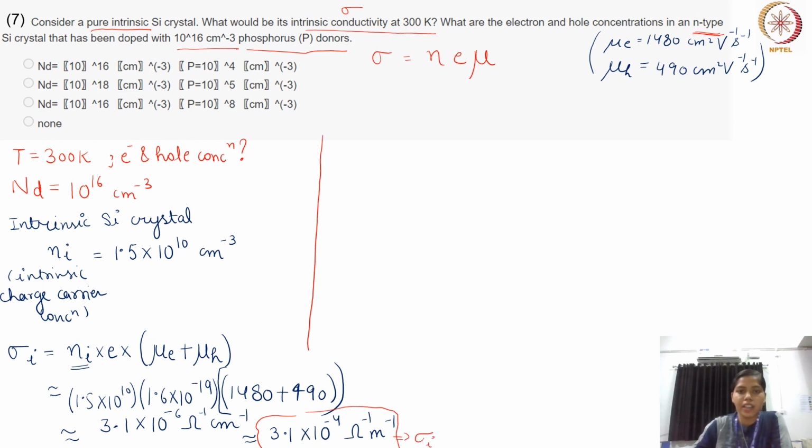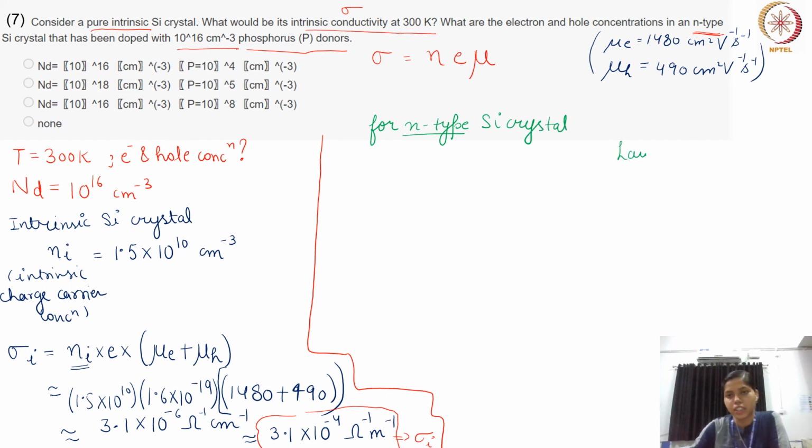Now another thing we have to calculate is the hole and the electron concentration. Okay, so for an n-type semiconductor, for an n-type silicon crystal, the most important law that we should know is the law of mass action.